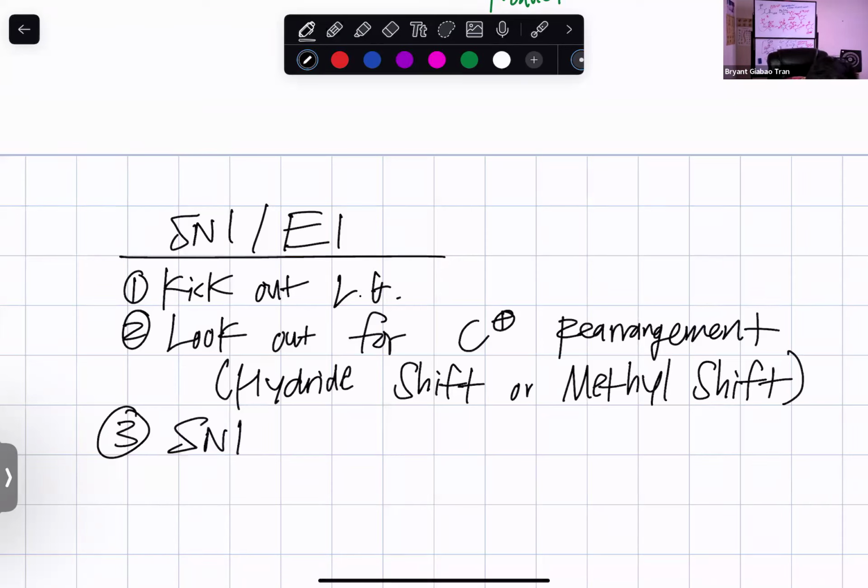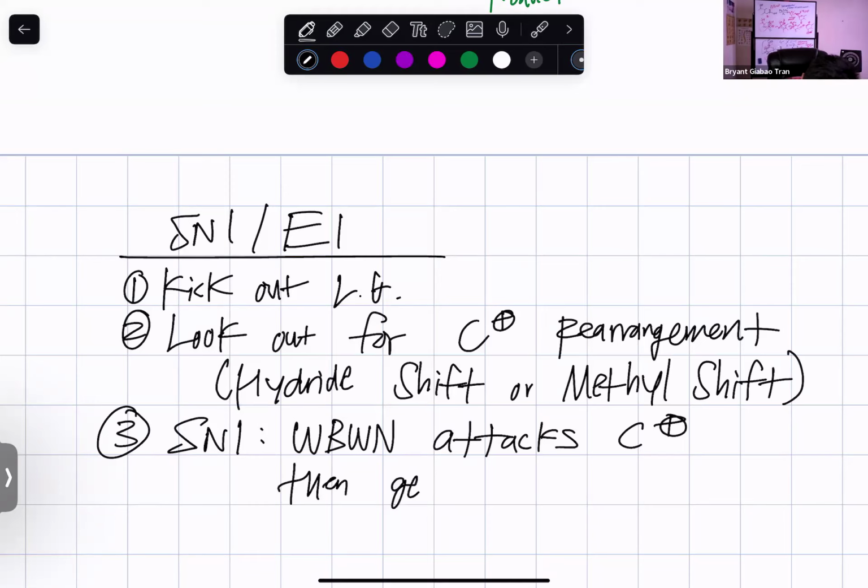Right. And after that shift, if there was a shift, then for SN1, the weak base, weak nucleophile attacks the carbocation, then gets deprotonated.